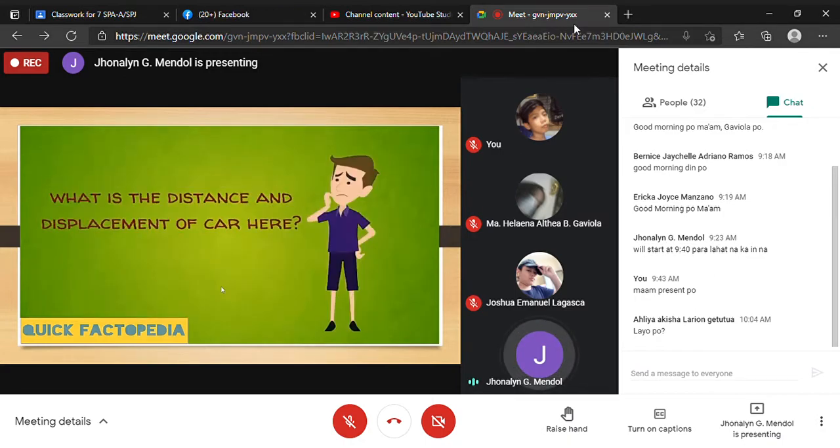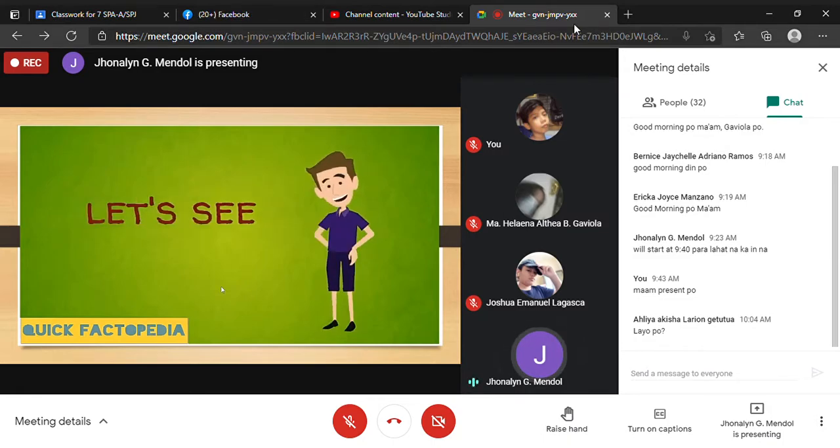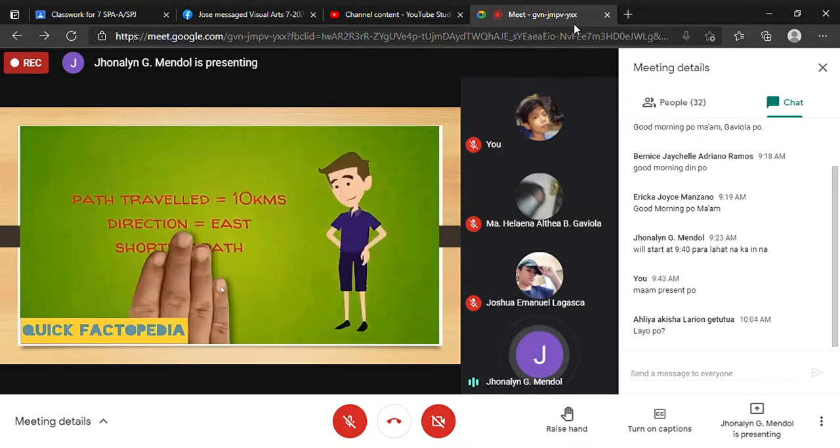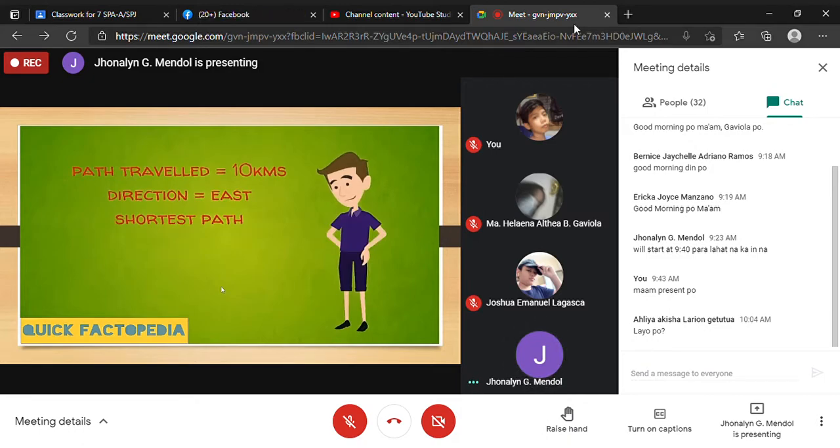Then, what is the distance and the displacement of the car here? Let's see. If I travel straight 10 kilometers to the east to my destination, it will be the shortest path I can take. When I say 10 kilometers to the east, my shortest path, yes, correct, it's the displacement.